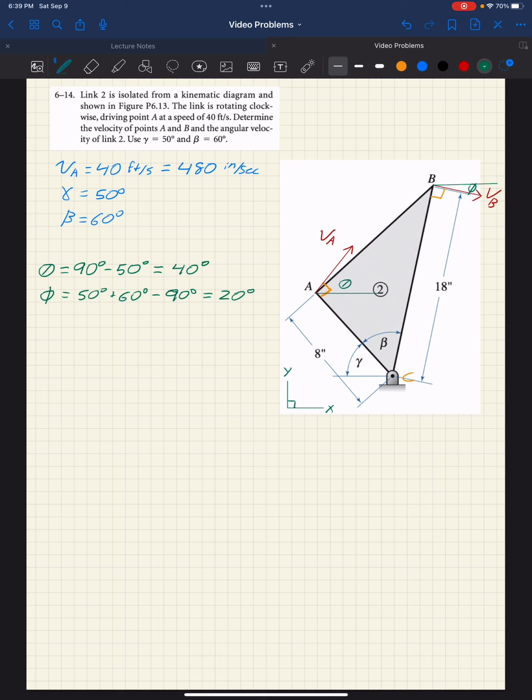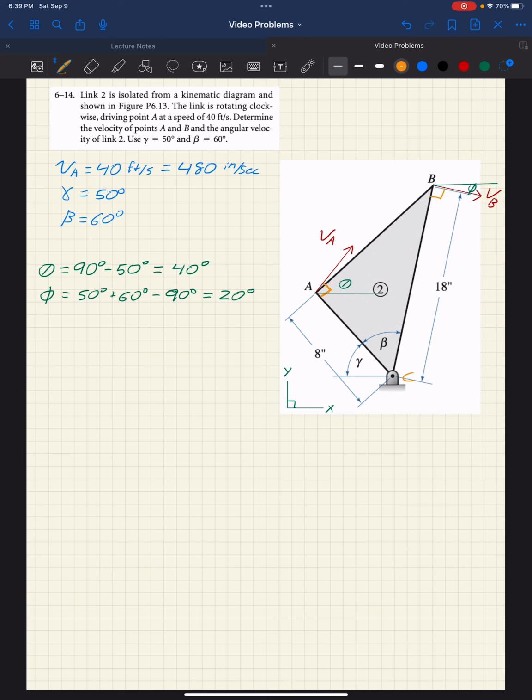Okay, so now we have these angles. One of the things we need to solve for is the angular velocity of the entire link. Solving for the angular velocity will also help us solve for the linear velocity VB, because we know how far B is away from our center of rotation C. So we're going to use the equation that relates linear velocity to angular velocity.